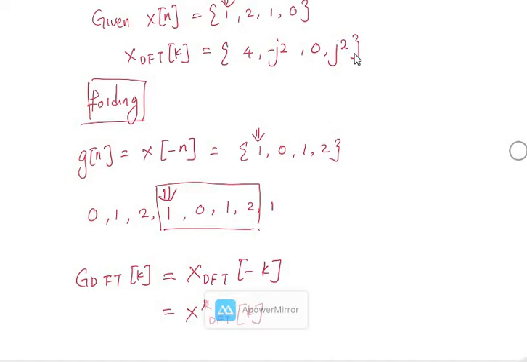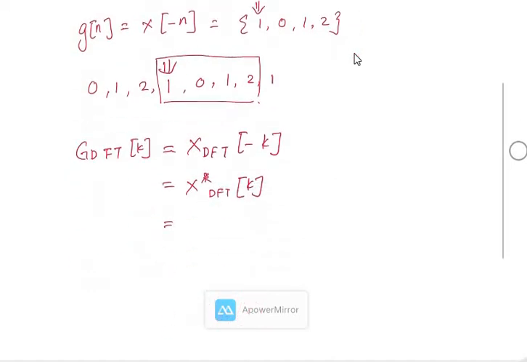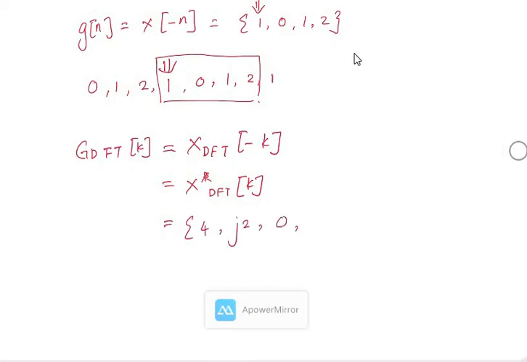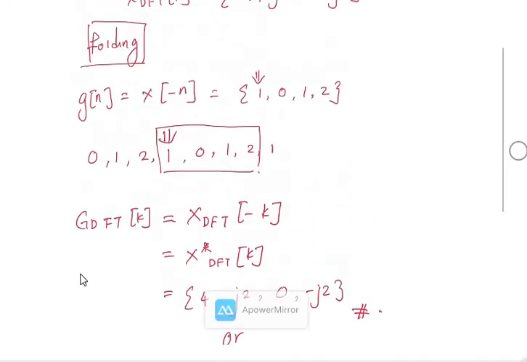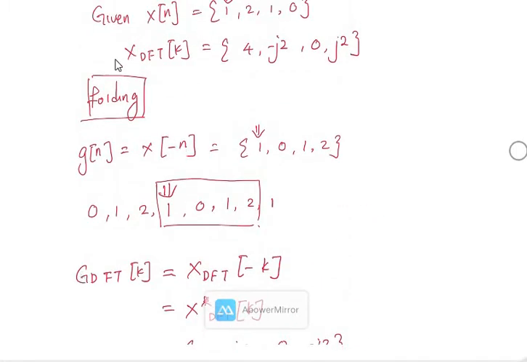So it conjugates only the imaginary part. The amplitude is still the same. For the negative imaginary part, you will get a positive, and for the positive, you will get the negative. If you don't want to do it like this, you can also do the folded version of X(k).